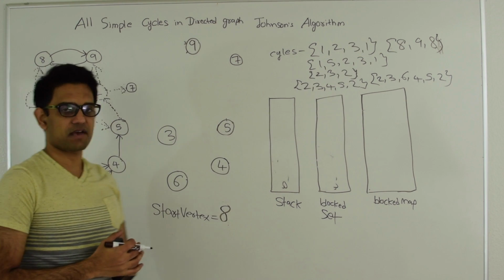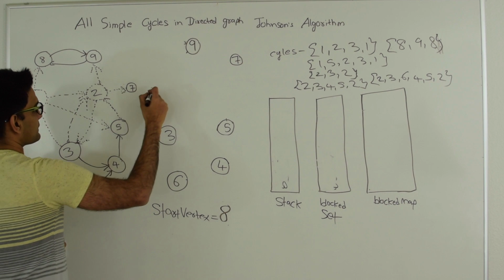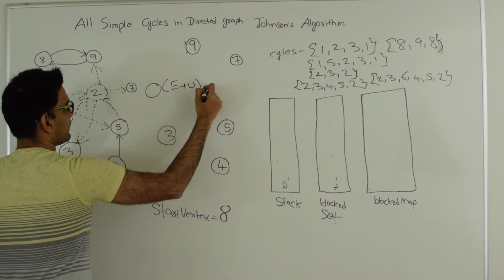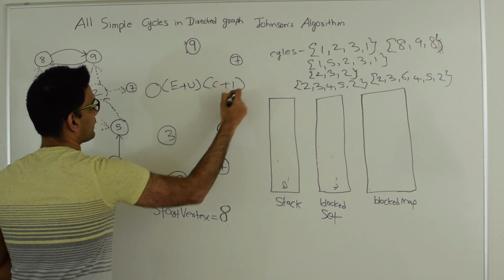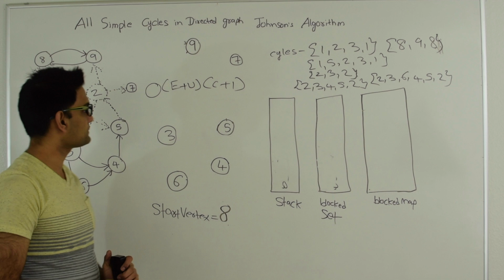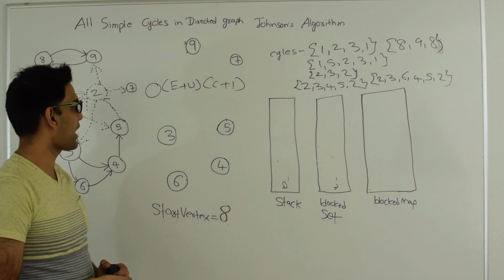Let's analyze the time complexity. So the time complexity is O of (E plus V) times (C plus 1), where C is the total number of cycles in the graph.